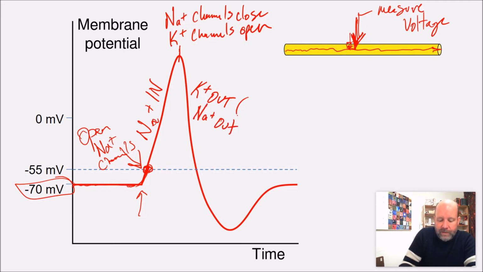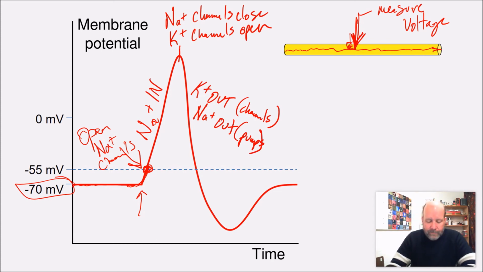This is channels because they're open, and this is pumps, pumping the sodium out. So we get down here and we go right past threshold. And we go right past threshold because those potassium channels are on such a delay, they let more potassium leak out, like a little extra.